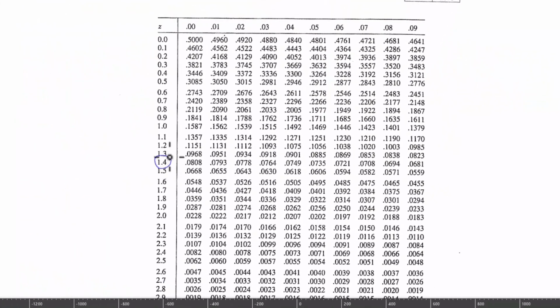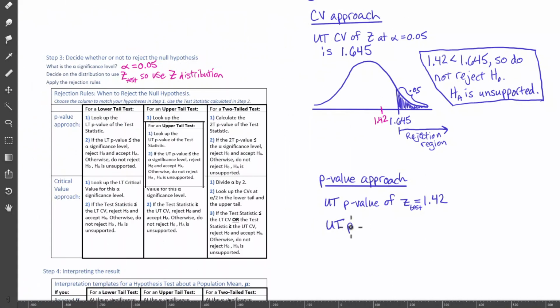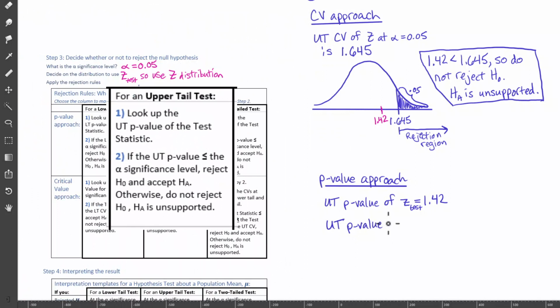Here's the z-table. Through the first decimal place, it's 1.4. The second decimal place is 2, so that gives us the 0.02 column. So the upper tail p-value for z equals 1.42 is 0.0778.